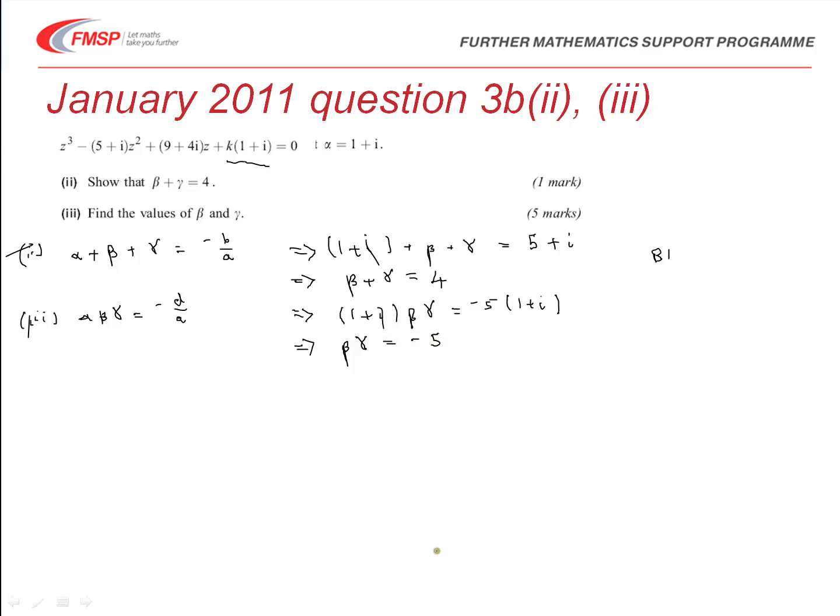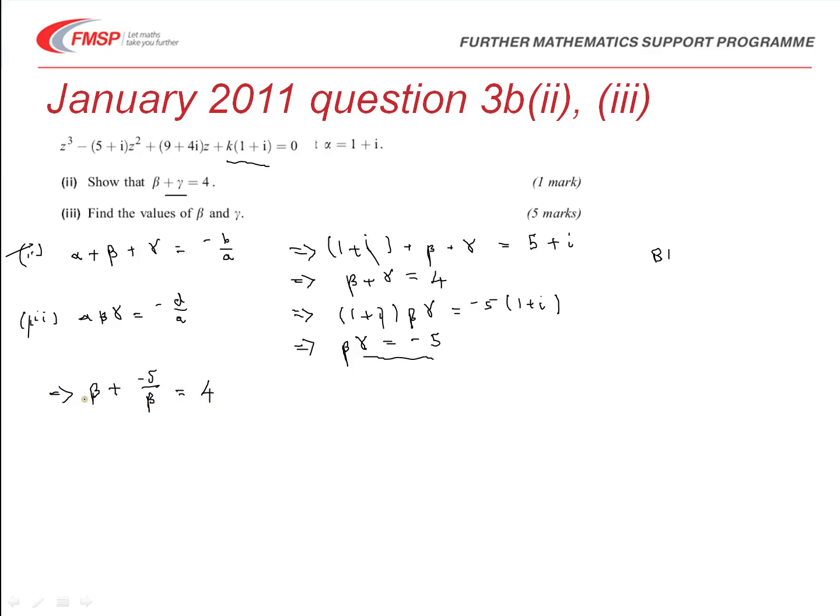So with the result from part 2 that beta plus gamma equals 4, I can substitute one part into the other. So you can see here from this piece that gamma equals -5 over beta. So if I substitute that into the beta plus gamma, I will have that beta plus -5 over beta equals 4.